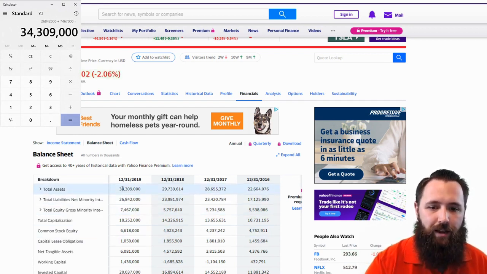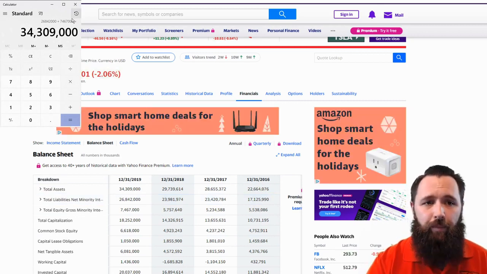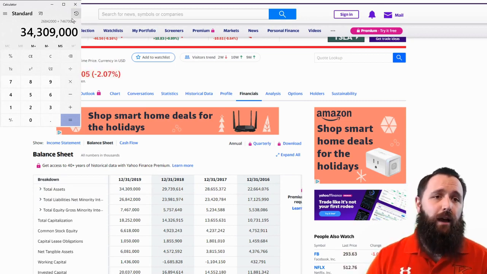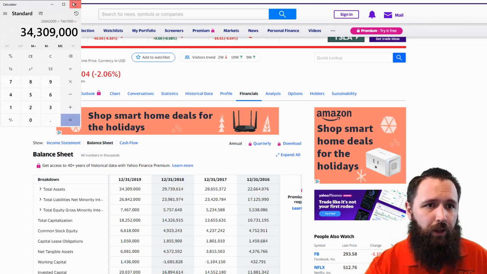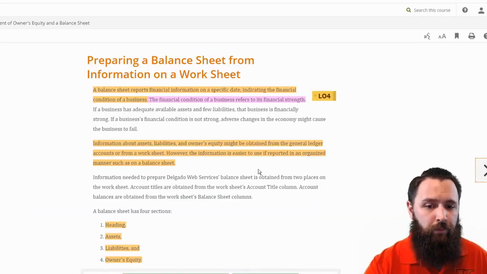Does that match our assets? It absolutely does. So even with big companies, the accounting equation still stands true. Assets equals liabilities plus our equity. So we can see the financial position of a company here.